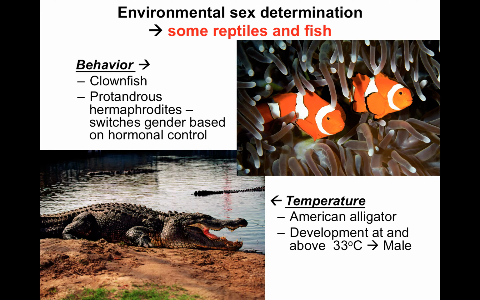If you're in a nest with a lot of other alligator eggs and you encounter temperatures at 33 degrees centigrade or above, you will develop into a male. If you only experience temperatures at 33 degrees centigrade or below, you become a female.